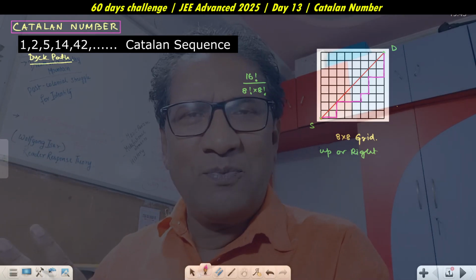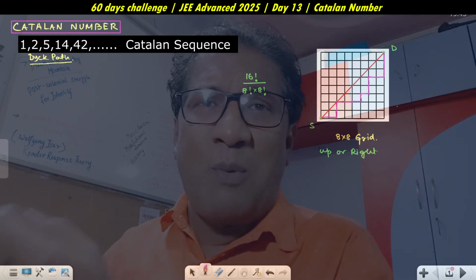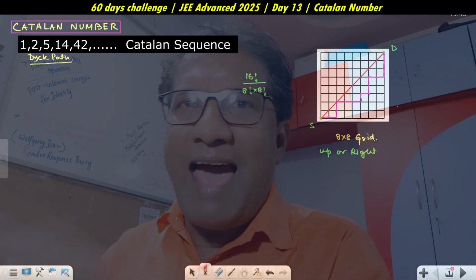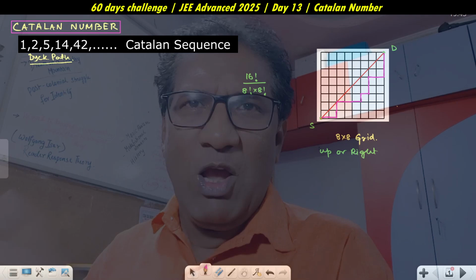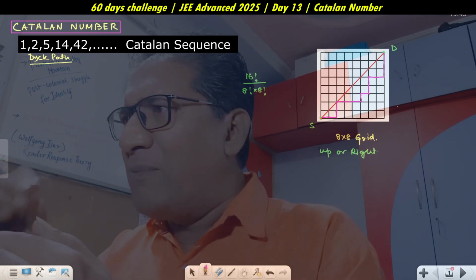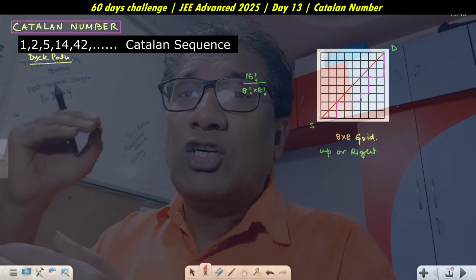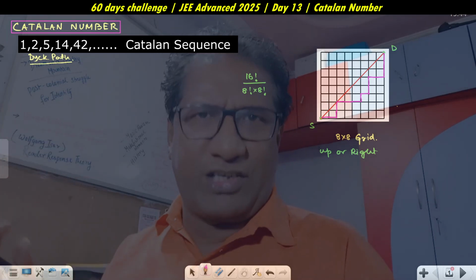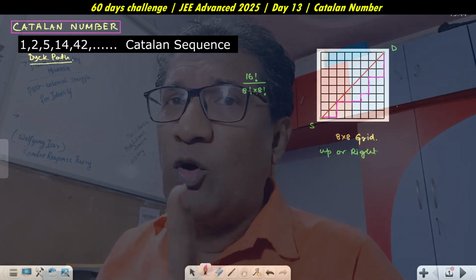Is it clear? So we will term this kind of path as a good path. Good path means the person is moving from S to D but not crossing the diagonal fence. Clear? That is a good path.